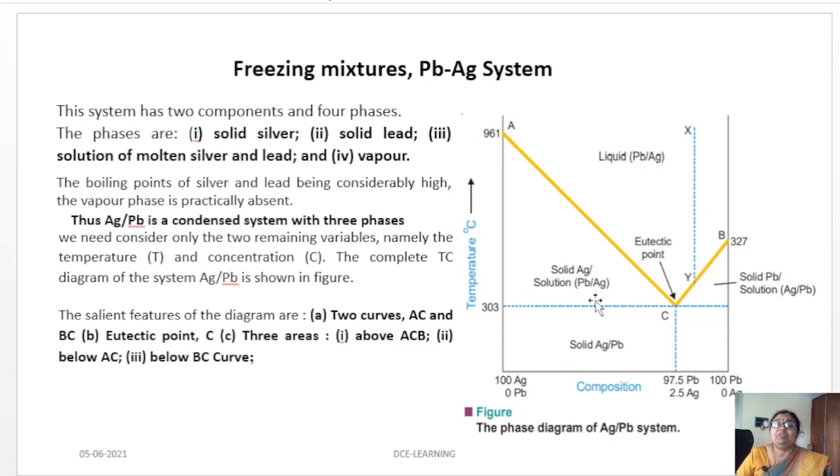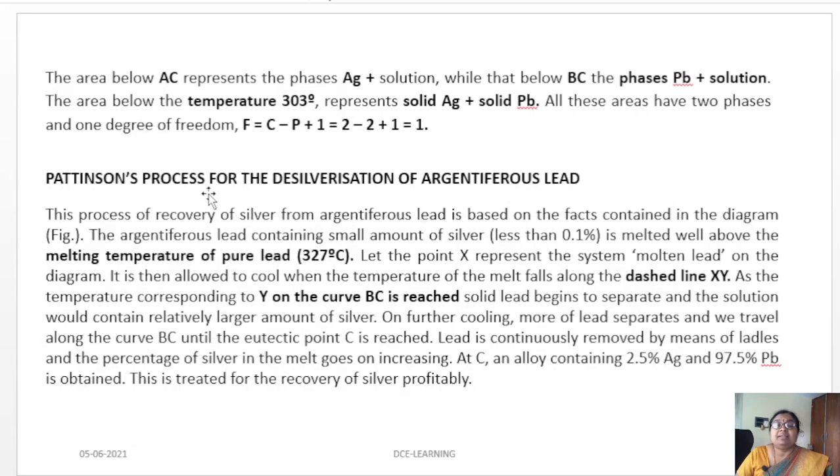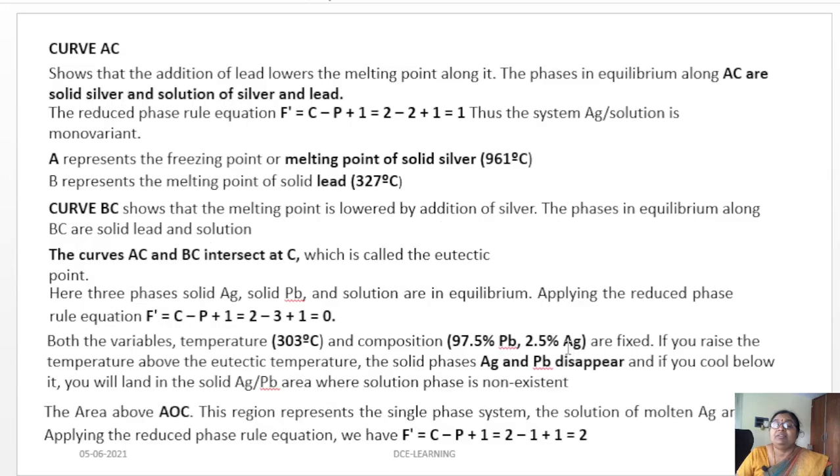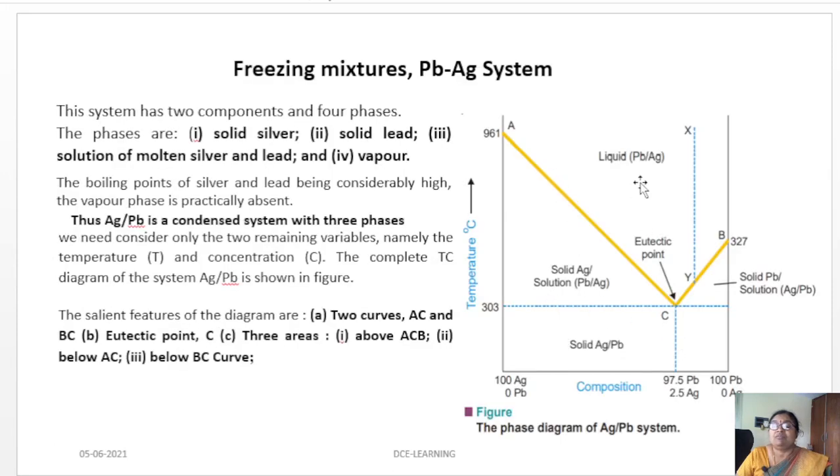For example, the Pattinson process for the desilverization of argentiferous lead uses this phase diagram, which helps increase the percentage of silver from the argentiferous ore.